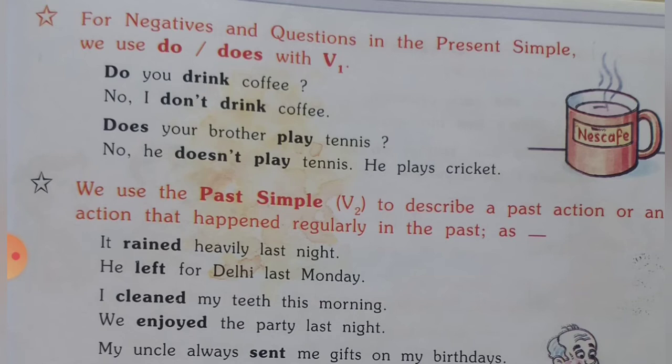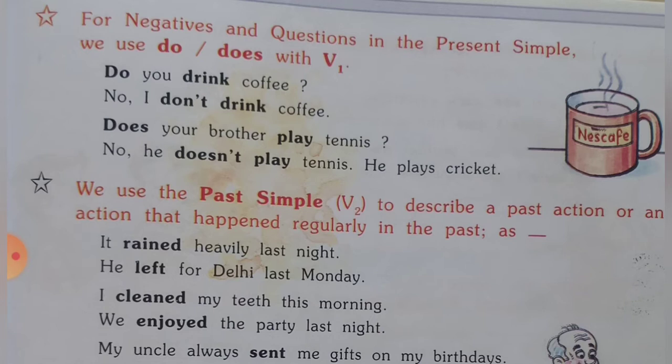Here we use the helping verb do with verb 1, drink. Does your brother play tennis? No, he doesn't play tennis.